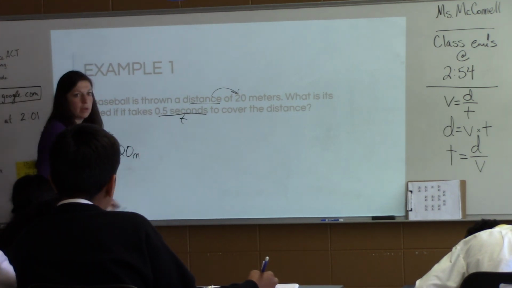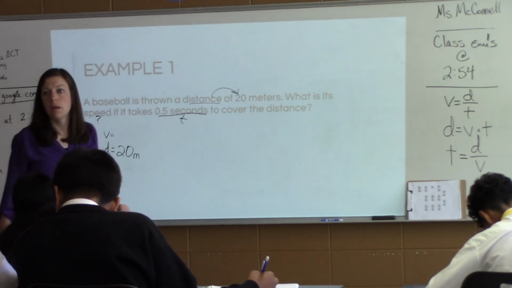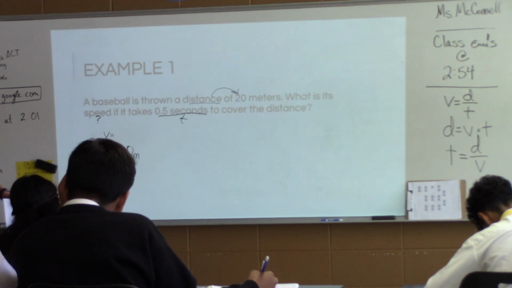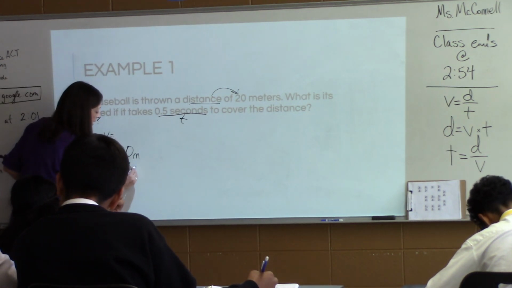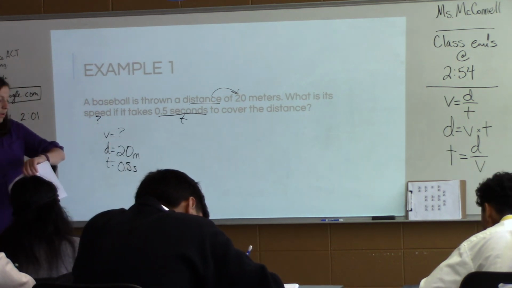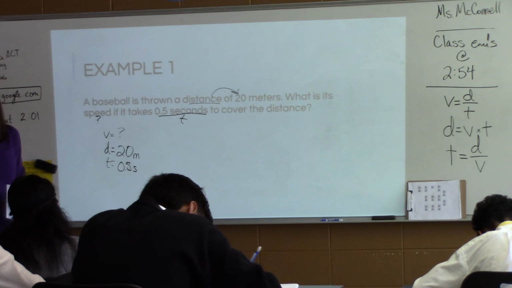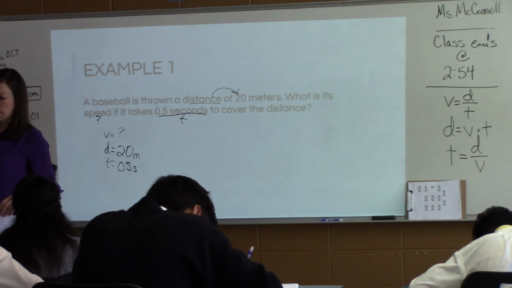What's the other thing we know? Ivan? The time. The time is what? 0.5 seconds. Yep. And we don't know speed, so I'm just going to put a placeholder there with a question mark. All right? My next step is what, Arla?